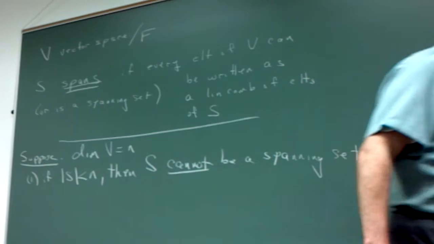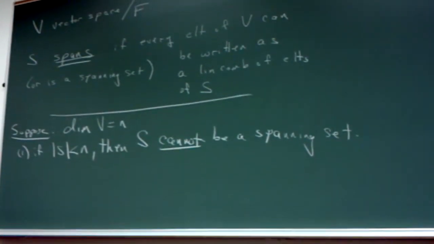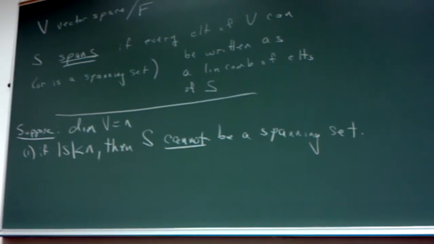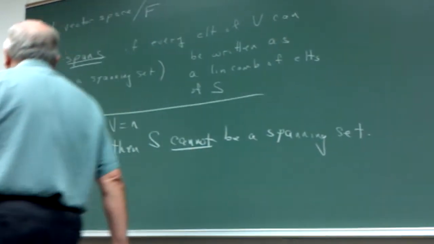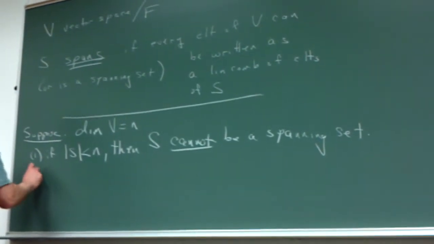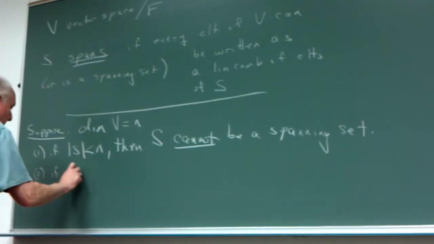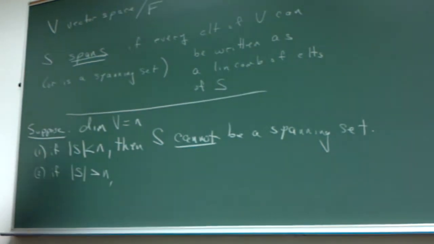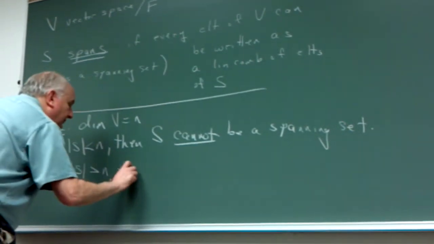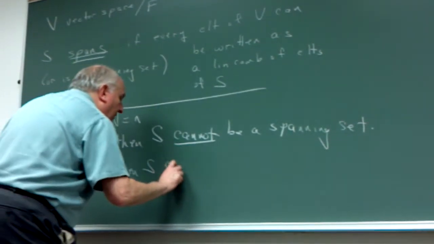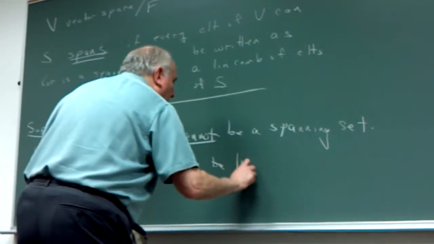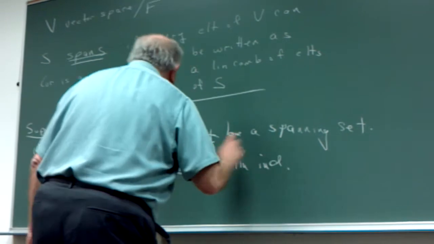So if you're in a 5-dimensional space, and if S only had 4 things in it, it couldn't be a spanning set. 2, if the number of things in S is more than n, then S cannot be linearly independent.